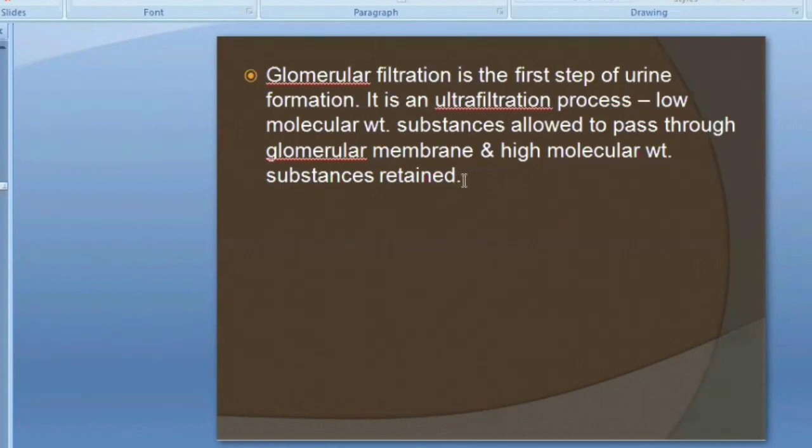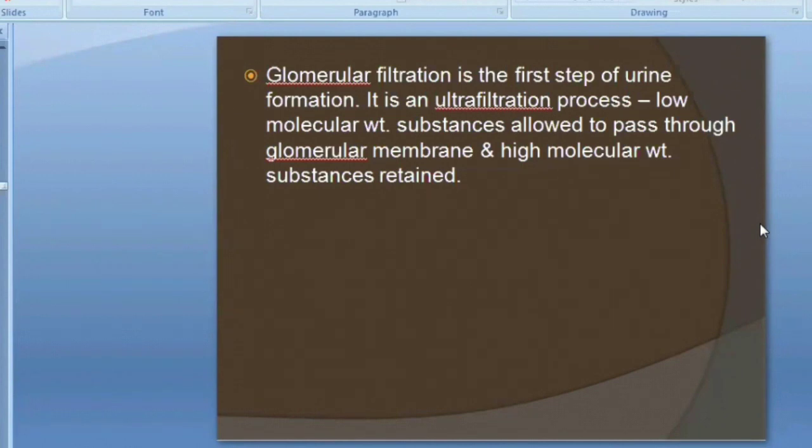Is it clear? The first step of urine formation is glomerular filtration. And this filtration is the ultrafiltration process, allowing low molecular weight substances to pass through it and high molecular weight substances are retained. That means proteins are retained.